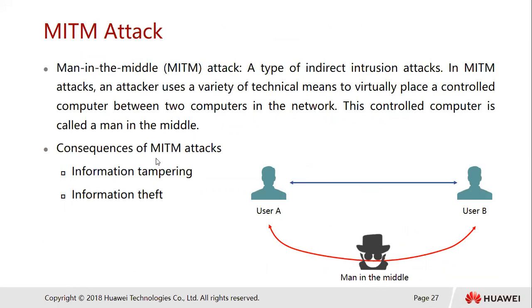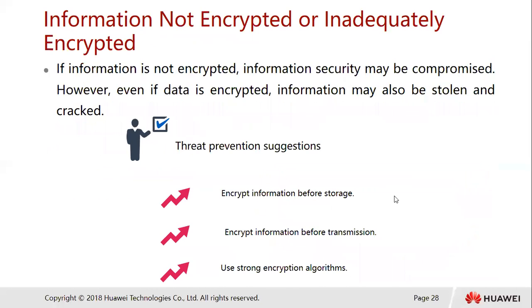The consequences, of course, will be information tampering and information theft. If information is not encrypted, information security may be compromised. However, even if data is encrypted, information may be stolen and cracked. Therefore, we believe in strong encryption.